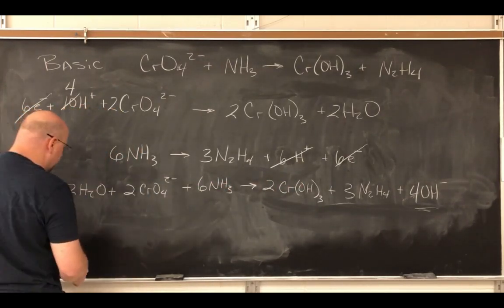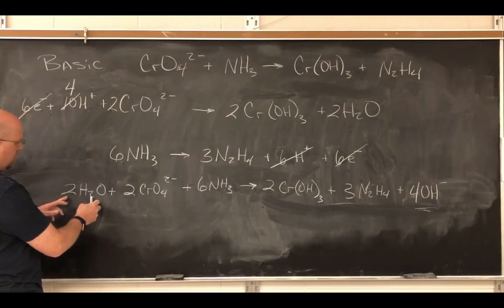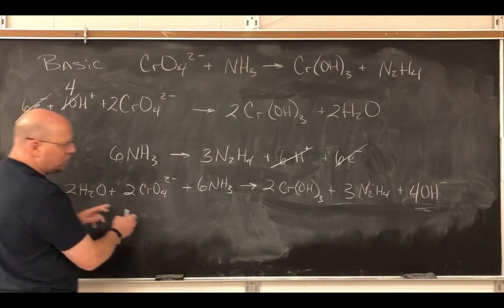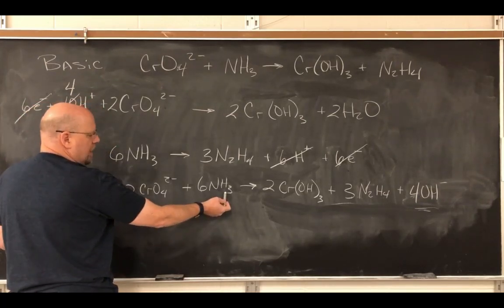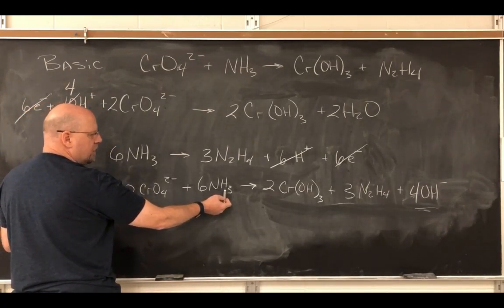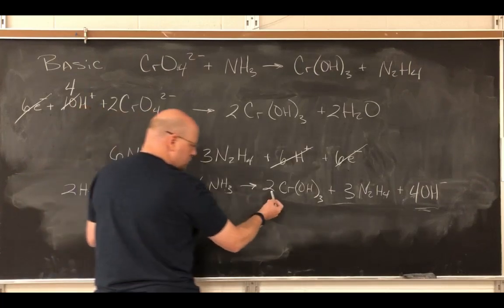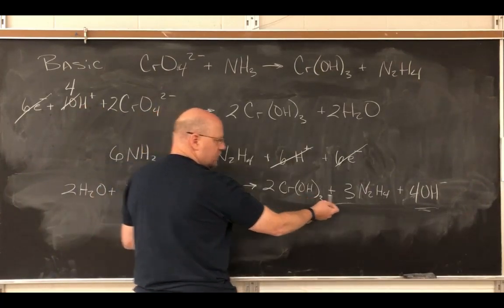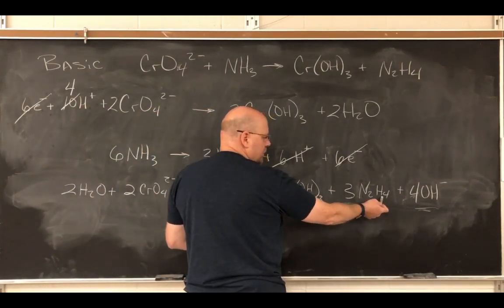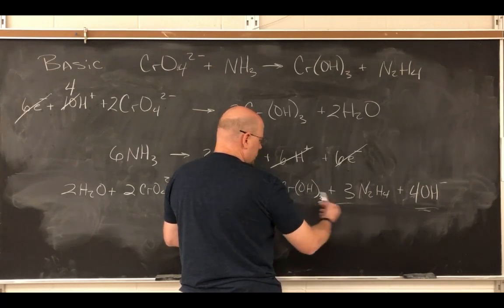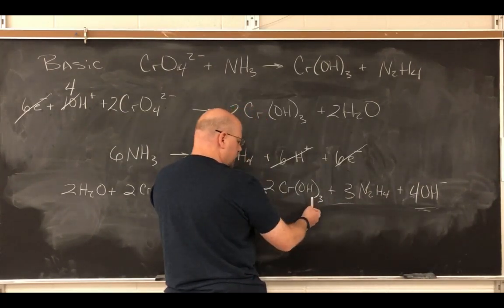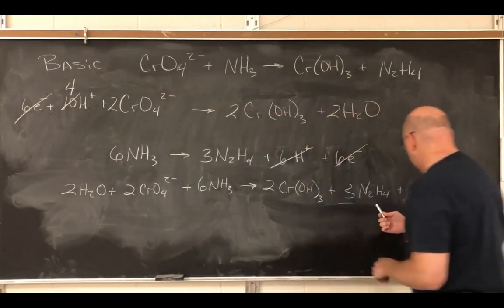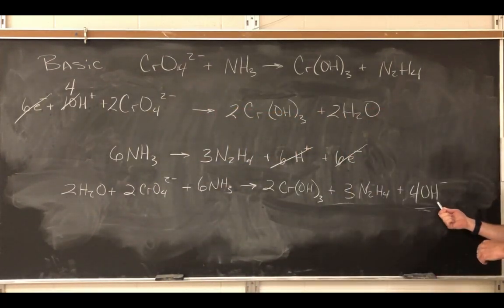Okay, charges balance. 4 hydrogens plus another 18 is 22. 12 plus 6 is 18, plus another 4, 22.